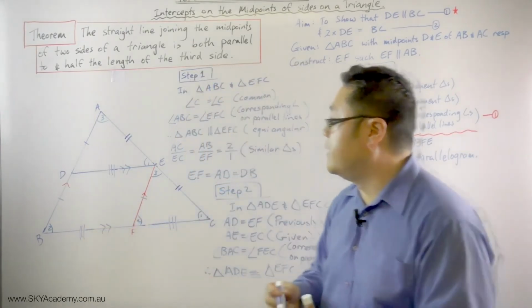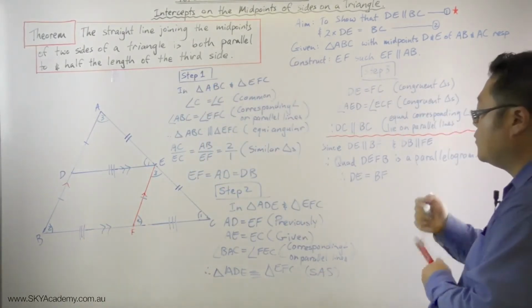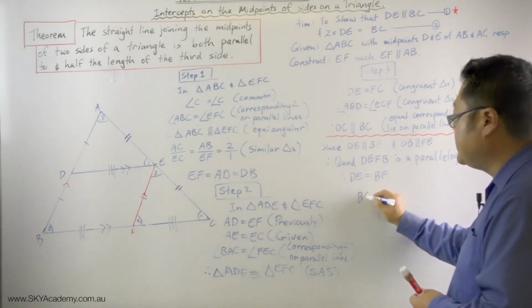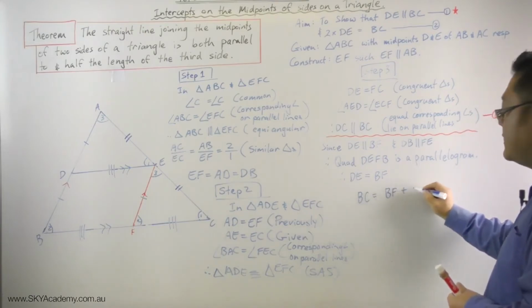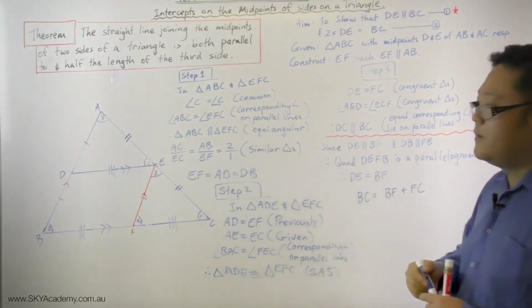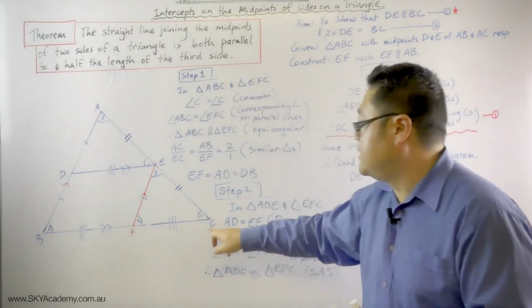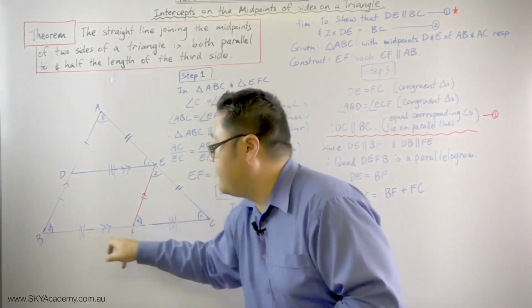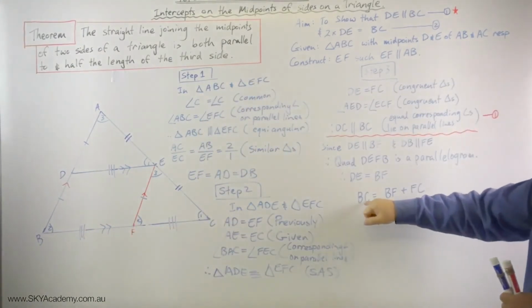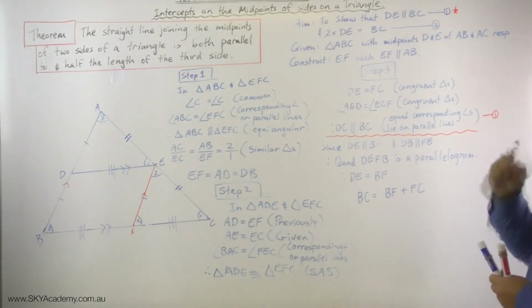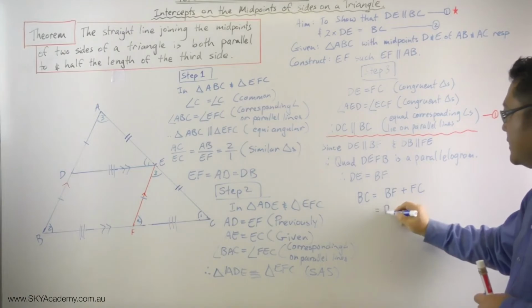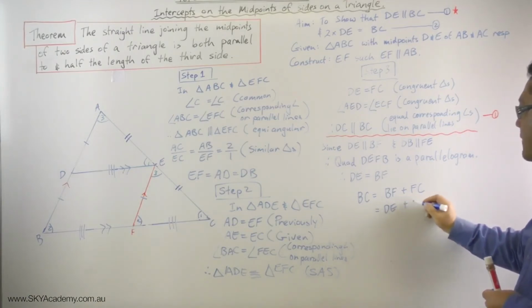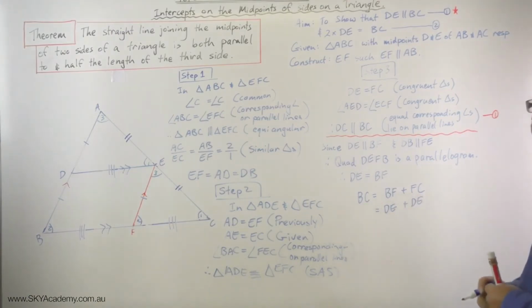So we know that these two are equal. Right, now, we also know that BC is equal to BF plus FC. All right, so BC is equal to BF plus FC, and we know that BF is equal to DE, and we know that FC is also equal to the length of DE.